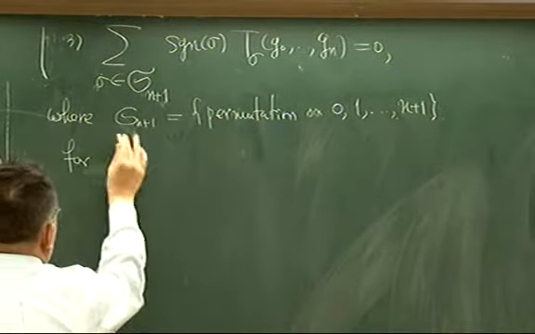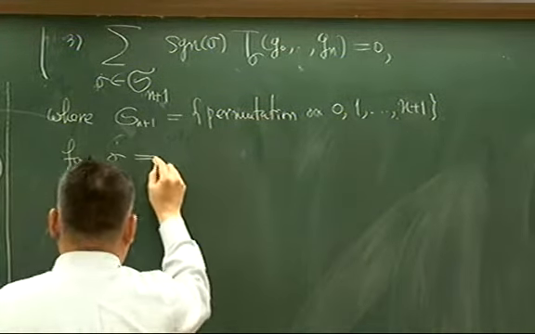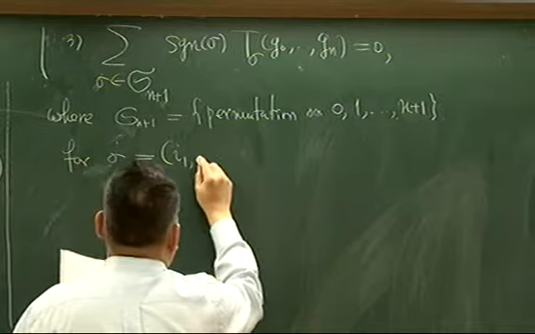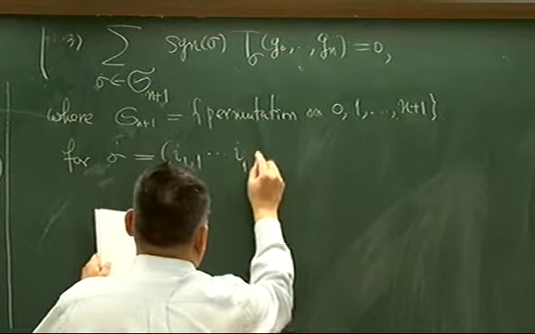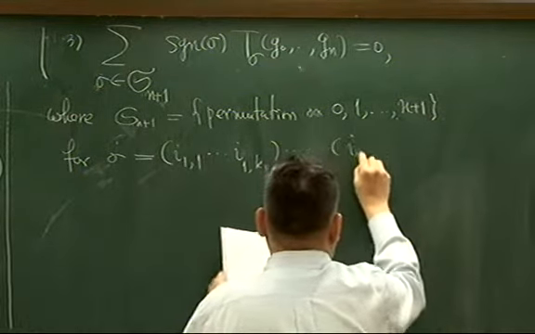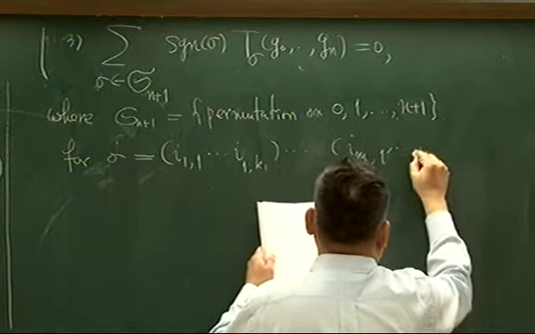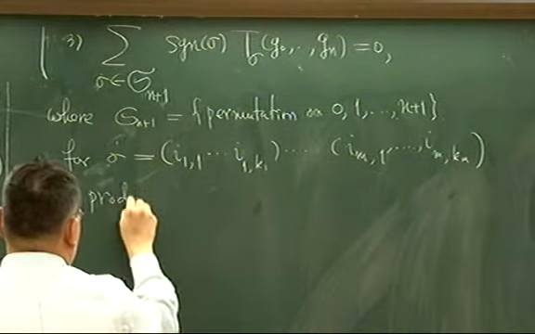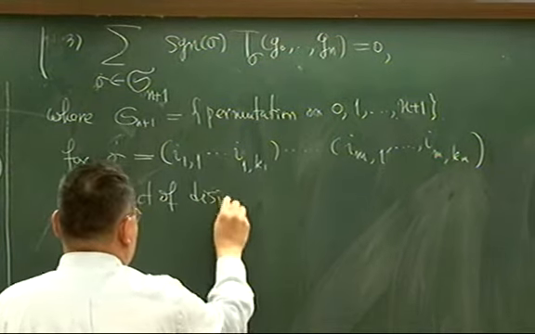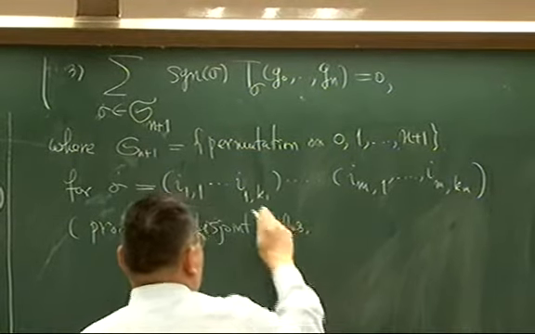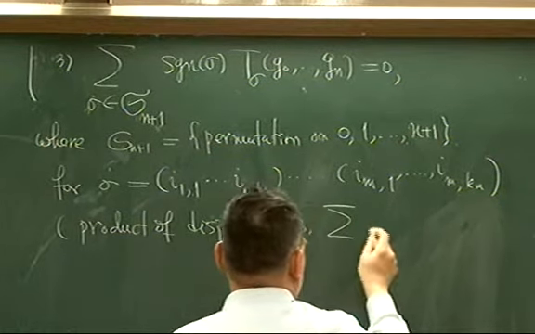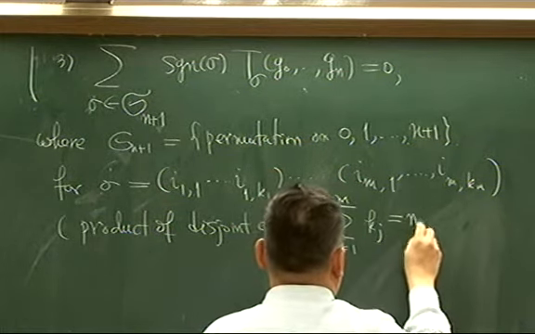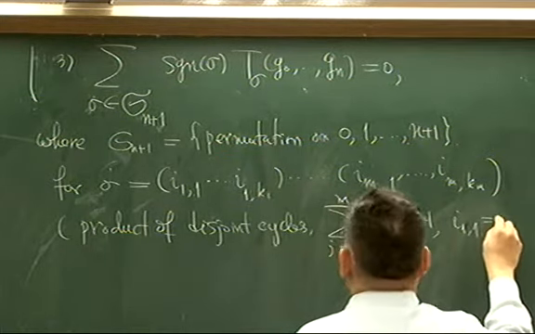For such a permutation sigma, which is a product of disjoint cycles (i_11, ..., i_1k_1) through (i_m1, ..., i_mk_m), we include the length 1 cycles, so the sum of k_j for j equal 1 to m must be n plus 1, and i_11 should be 0.